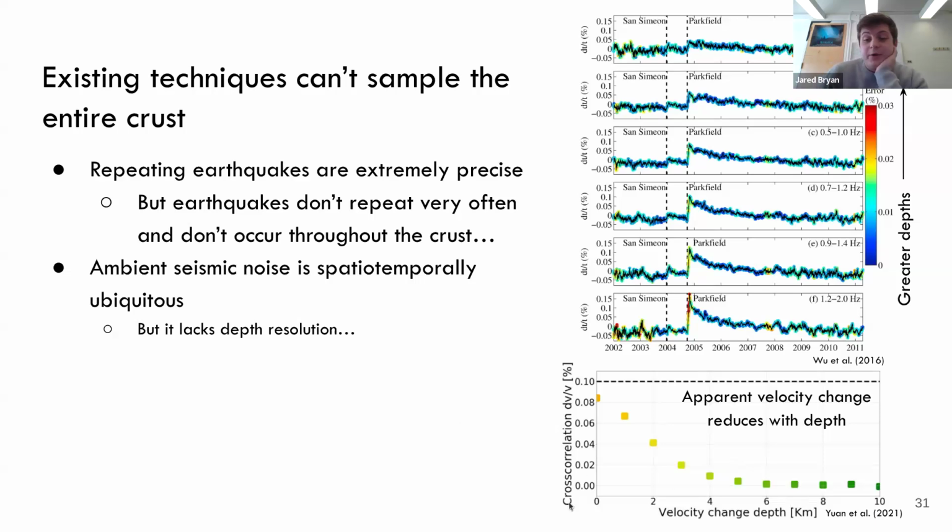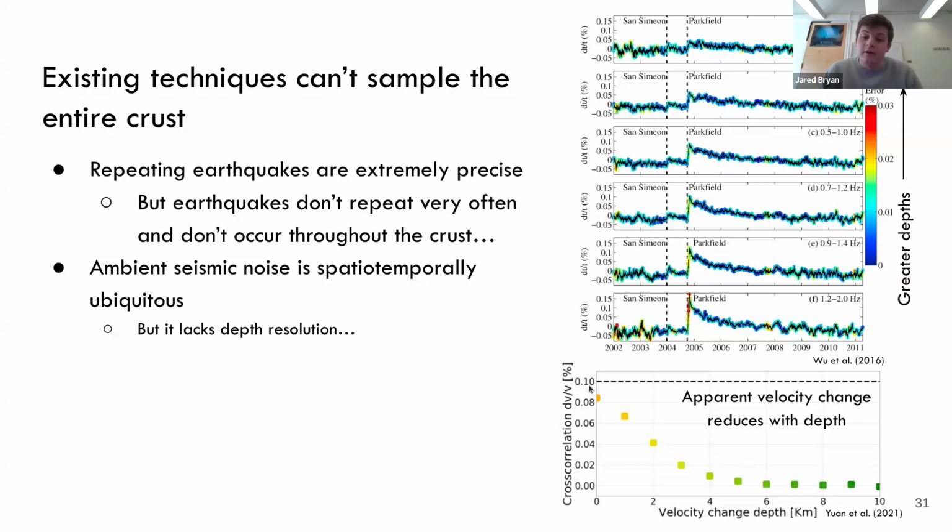So this is an example from some modeling work that I was a part of, where essentially we simulated the wave field from ambient noise, and we constructed these cross correlations to estimate the velocity changes. Because we did this in a synthetic way with a velocity model, we could apply a velocity change at different depths and see how we could recover that true velocity change as we move that perturbation deeper and deeper.